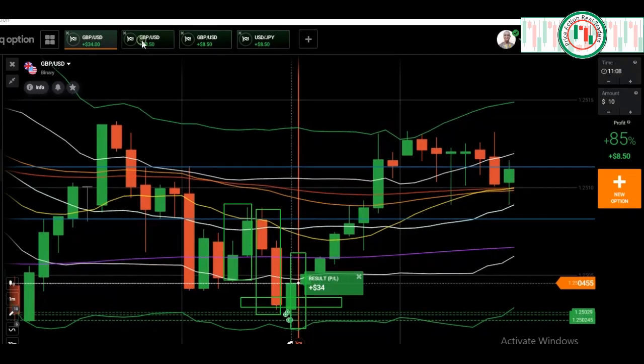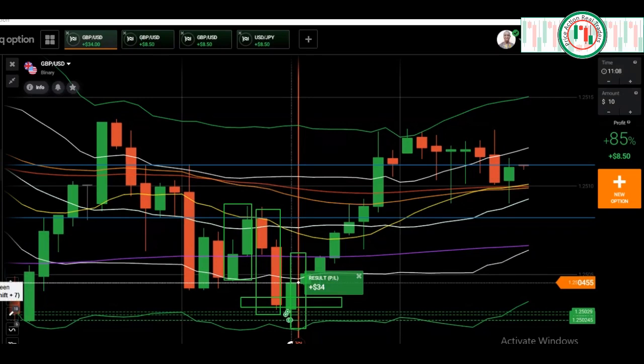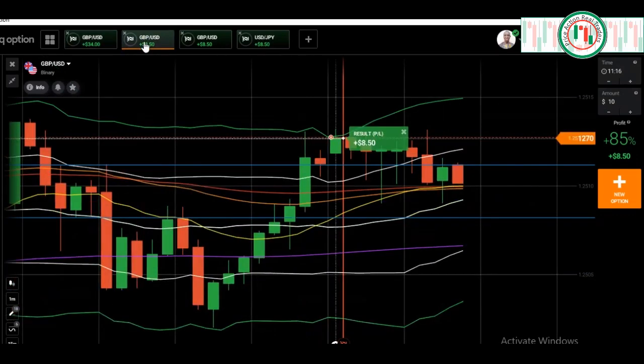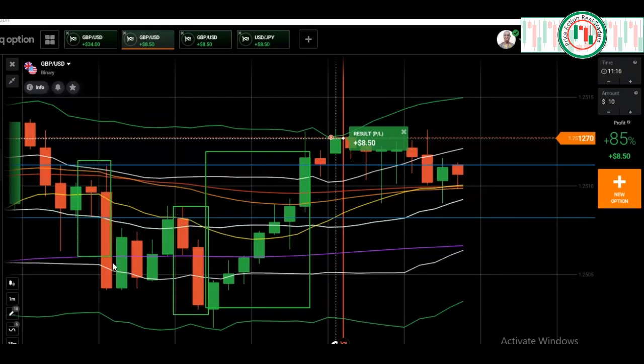So here, yes, this is the second trade, closed in the money, because you see strong momentum, and here is an engulfing zone, another engulfing zone. Here is the breakout of the zone.